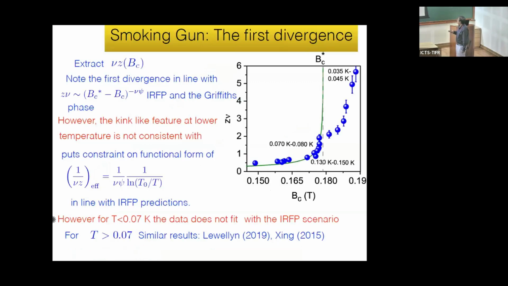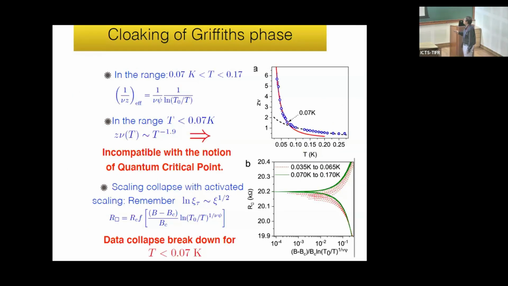We can show that the effective nu z should have this 1/log dependence in temperature if it has to be consistent with the infinite randomness fixed point predictions. So this second divergence is something which we don't know.